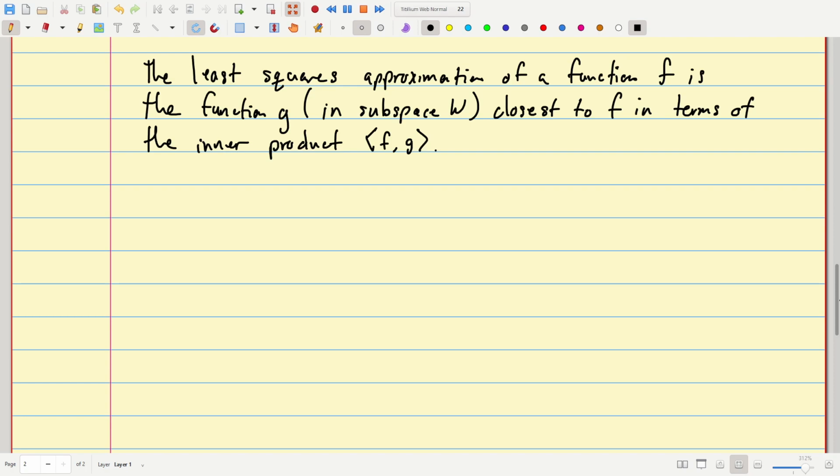G is the projection of f onto each of the basis vectors of W. So W is the span of some set of basis vectors, and G is given as the sum of f projected onto each of these.